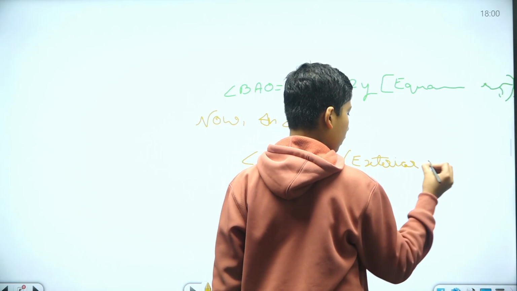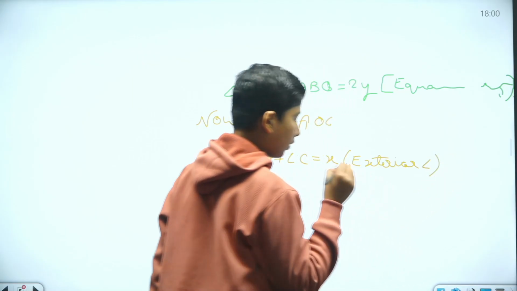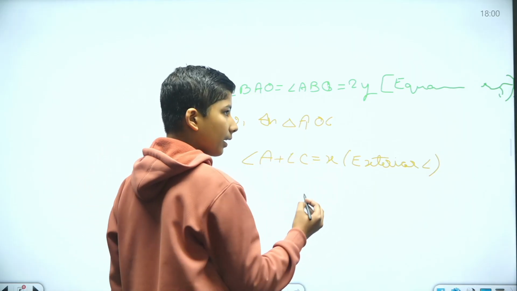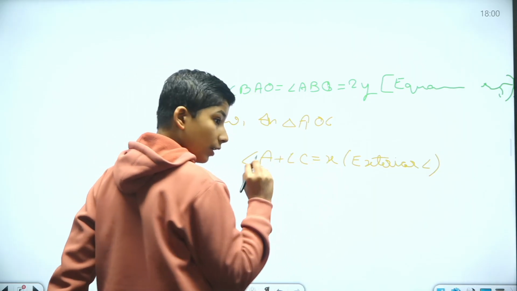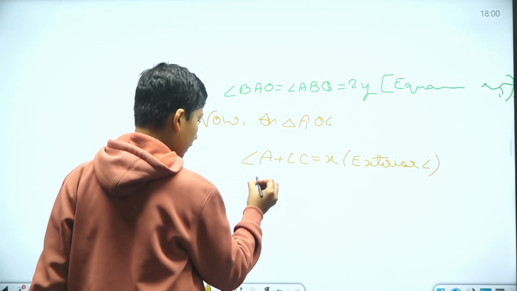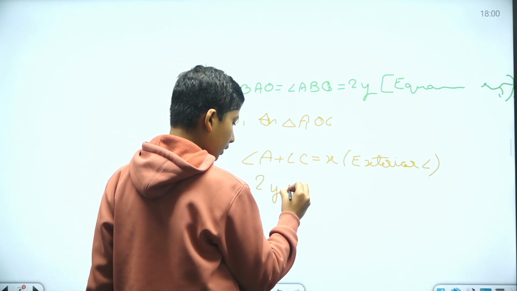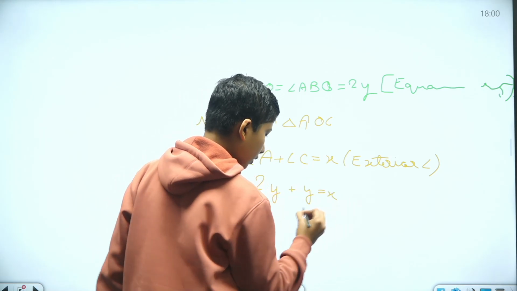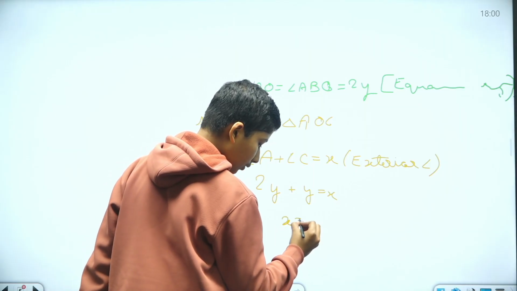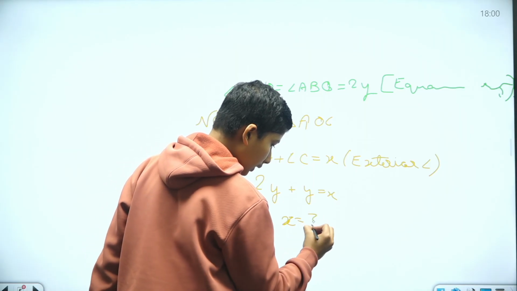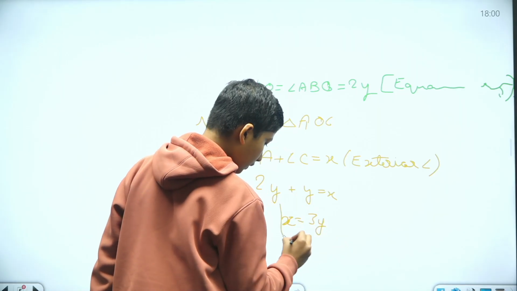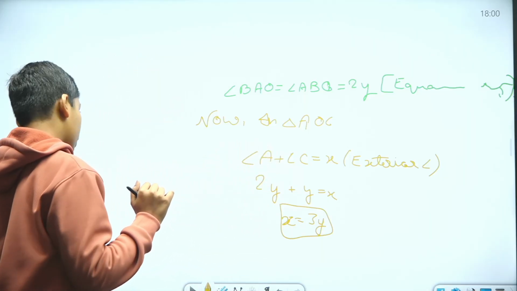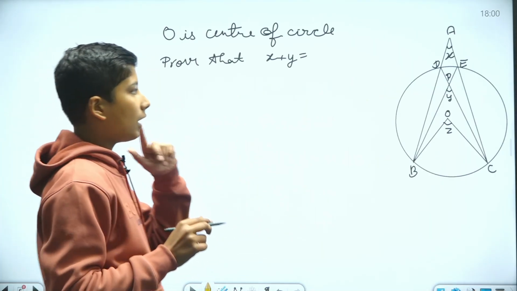Okay. Now angle A and angle C we know. This is angle A 2y, angle C equal to y, equal to x. So x equal to 3y. Hence proved. Okay. Now let's come to our last question.